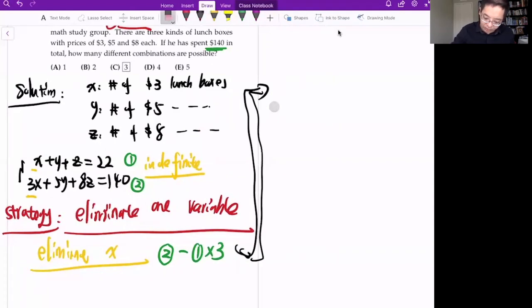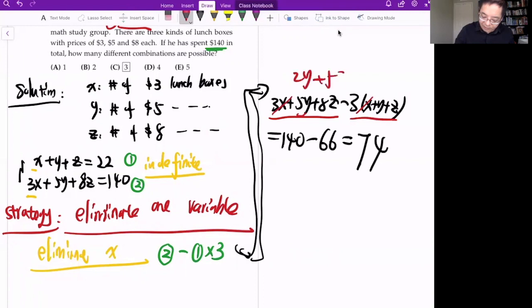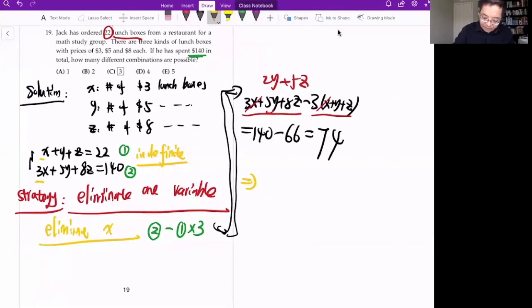So 3x plus 5y plus 8z minus 3 times (x plus y plus z) equals 140 minus 84, which is 56. On the left-hand side, we combine like terms: 3x cancels with 3x, y gives 2y, and z gives 5z. We end up with the equation 2y plus 5z equals 24.